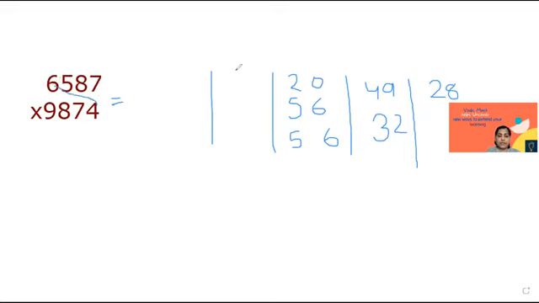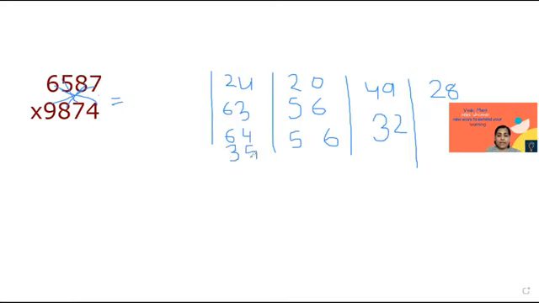So first is 6 4s are 24. Then we'll multiply 9 7s are 63. Then we'll multiply 8 8s are 64. And what is the next number to multiply? That is 5 7s are 35.